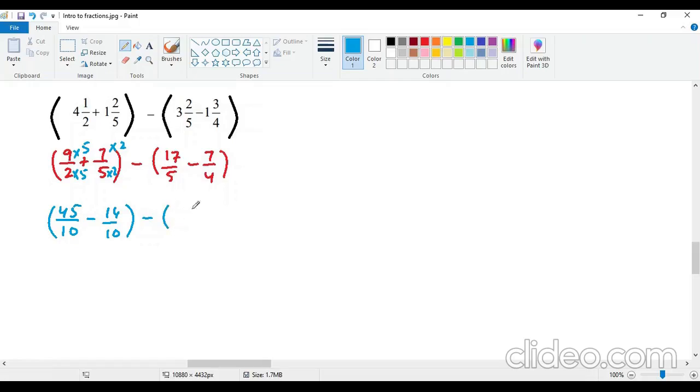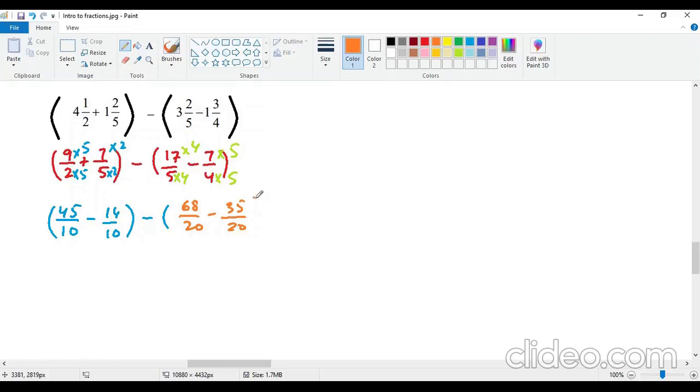On the other side, we are going to multiply 5 by 4 and 4 by 5, 7 times 5 and 17 times 4. So 17 times 4 is going to give us 68 over 20 minus 35 over 20.